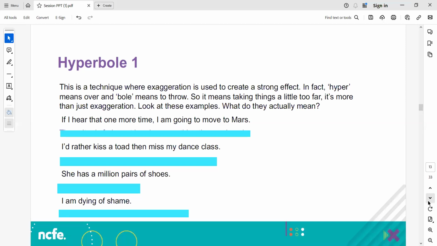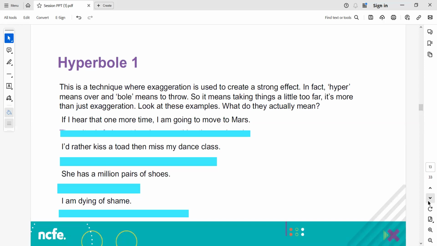The origins of the word are that hyper means over, and bole, or we say hyperbole, means to throw. So it's throwing things too far, taking things a little too far. It's over exaggeration, more than just exaggeration. It's like an extreme example.